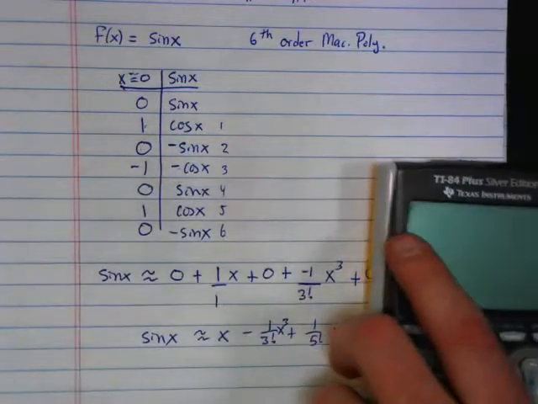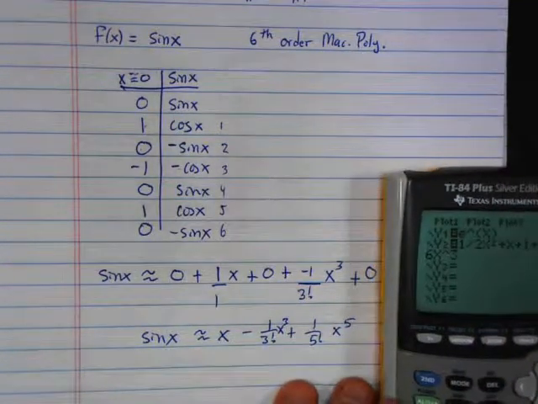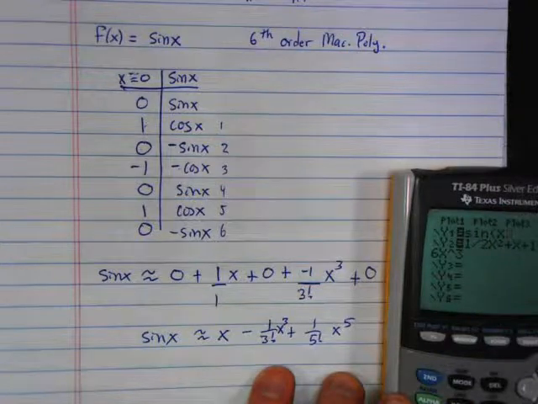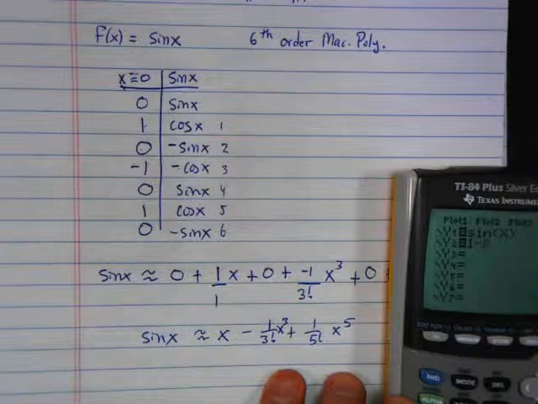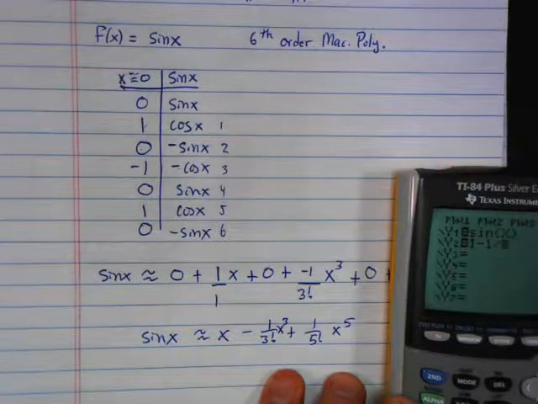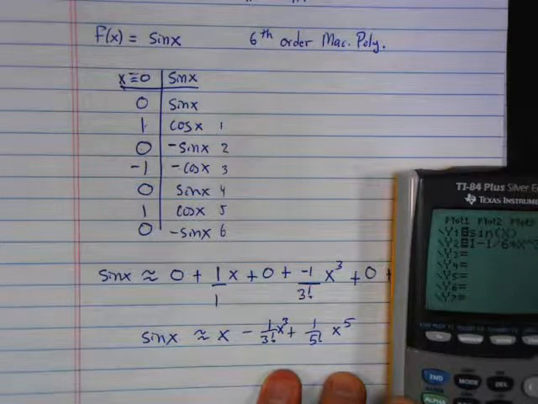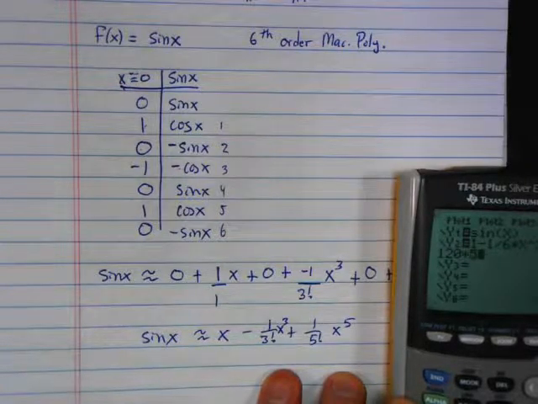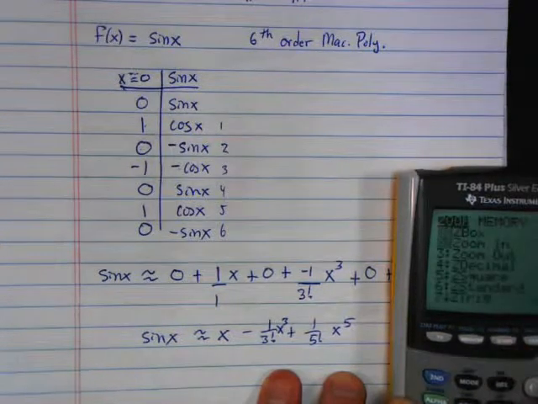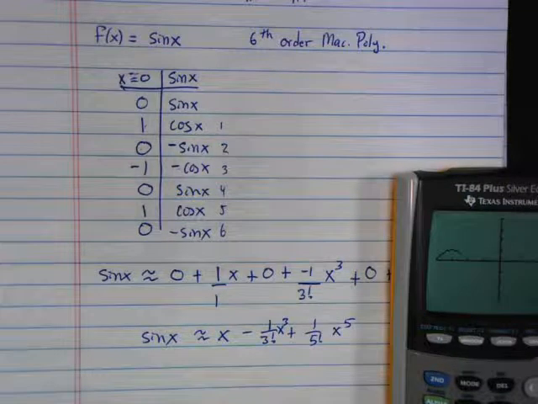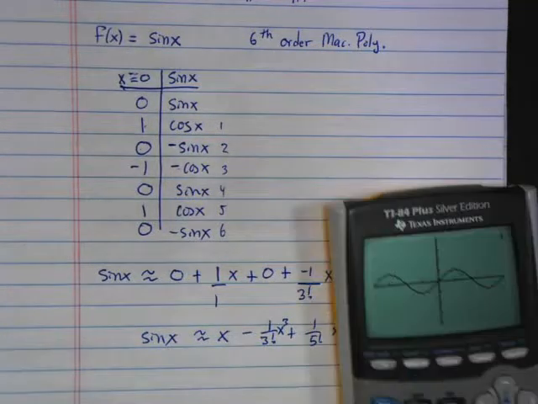Just for fun, how good is that? Y equals sine x, and x minus 1 divided by 6 times x cubed plus 1 divided by 5 factorial, which happens to be 120, times x to the fifth. Let's do a zoom trig. Oh, I hope not. We'll know in a second.